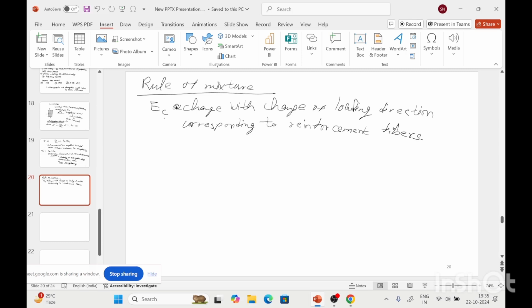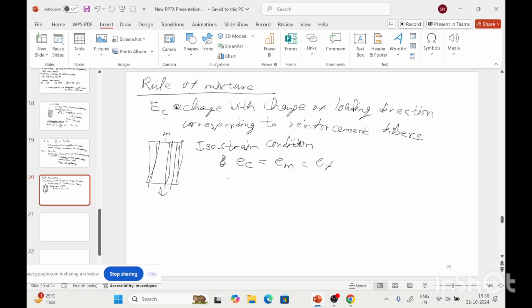So if the load is applied in the same direction in which the fibers are aligned, this is called the isostrain condition. In this, the strain in the composite, strain in the matrix, and strain in the fibers will be equal.